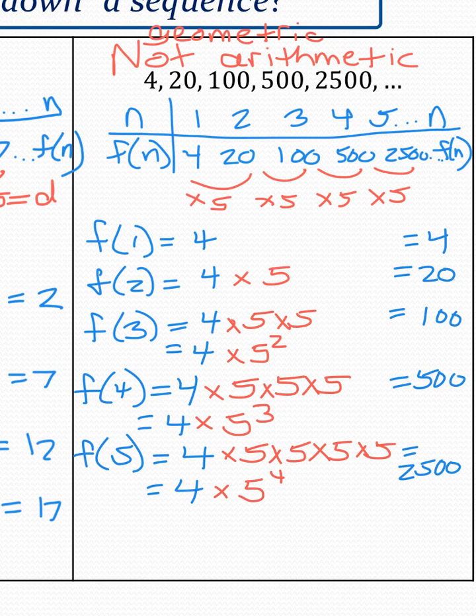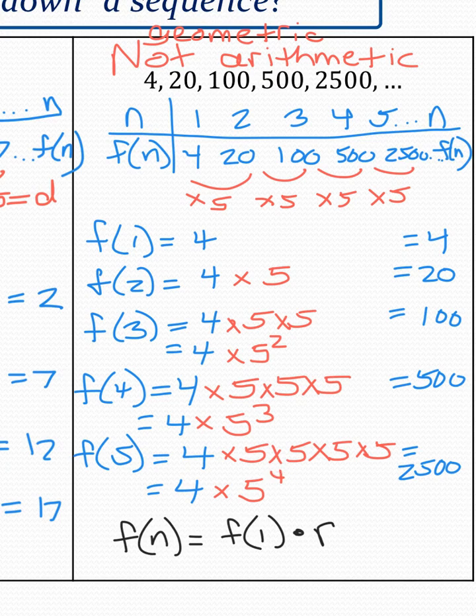You can see that our output, f of n, every time we start with the first number in the sequence, f of 1, in this example is 4, and we're multiplying it by a base. And we call this, in a geometric sequence, the common ratio. So we use an r, and it's raised to some exponent.